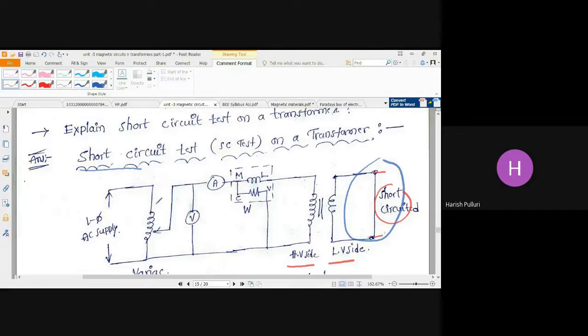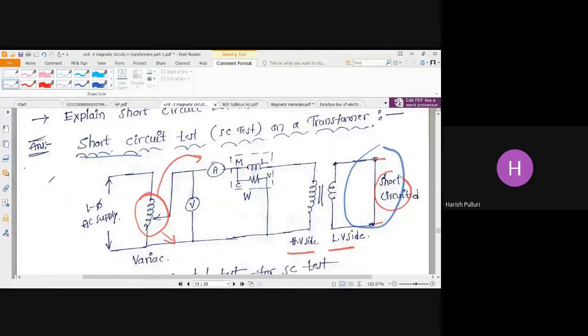Now, varying the auto transformer, I apply the rated current. That is the main difference between OC and SC. In the open circuit test, I apply the rated voltage, but in the short circuit test, we need to apply the rated current. On the HV side, we vary this auto transformer until this ammeter shows the rated current.